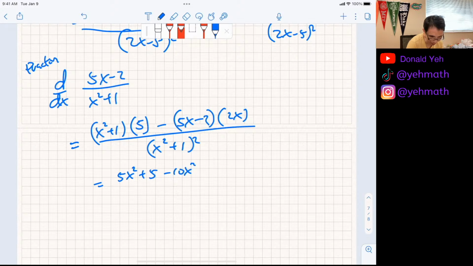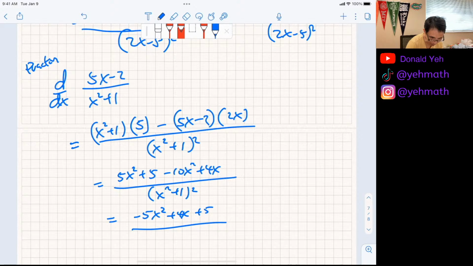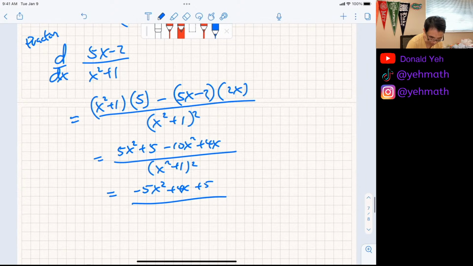Minus 10x squared, and plus 4x, I think. Over x squared plus 1, squared. So it'd be negative 5x squared plus 4x plus 5. I don't know if this one's factorable. No, I don't think so.